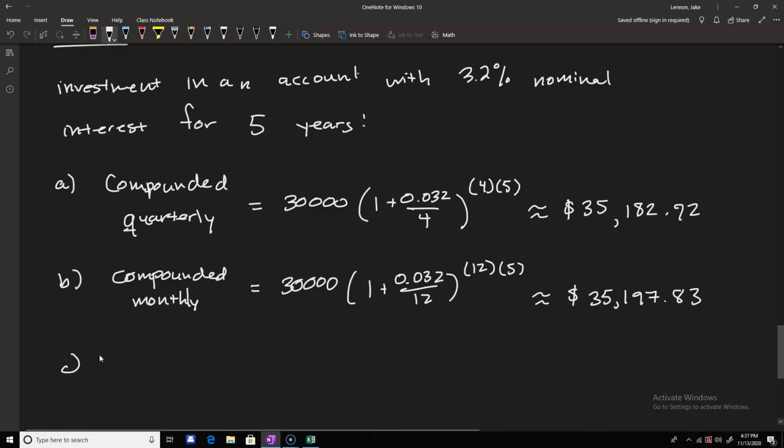But increasing the number of compounding periods has a limit, and that limit is reached when you talk about compounding continuously.